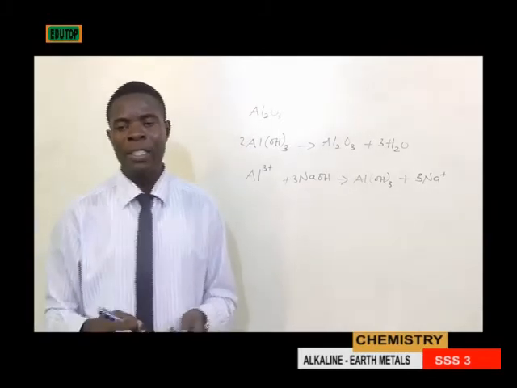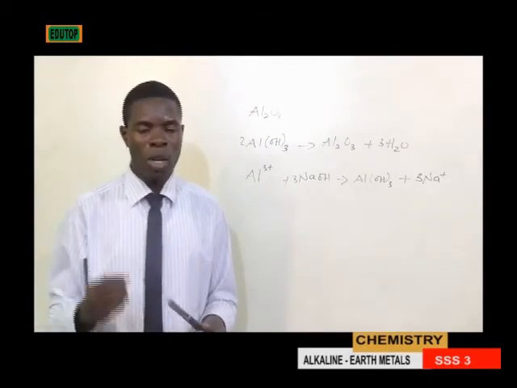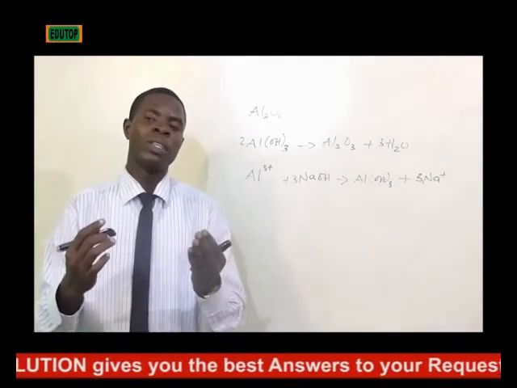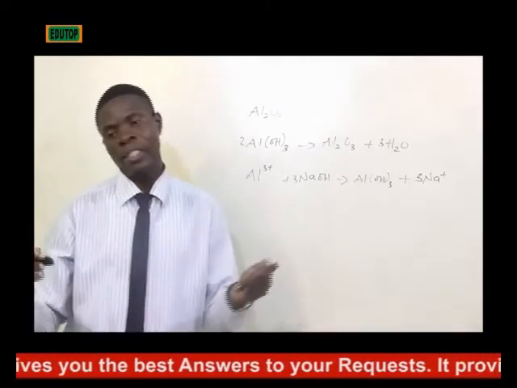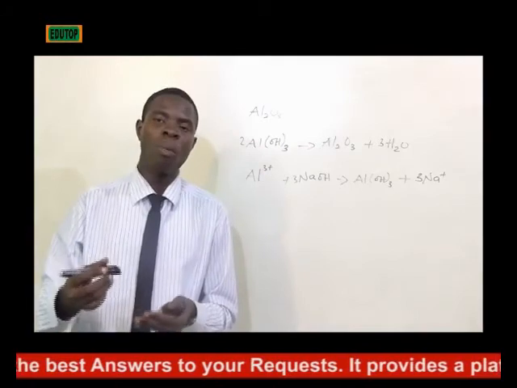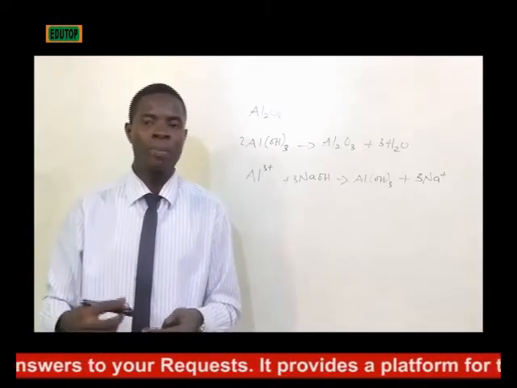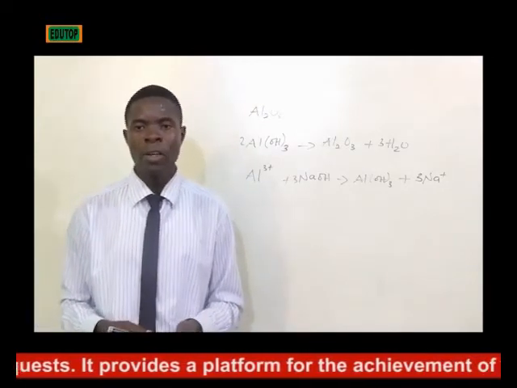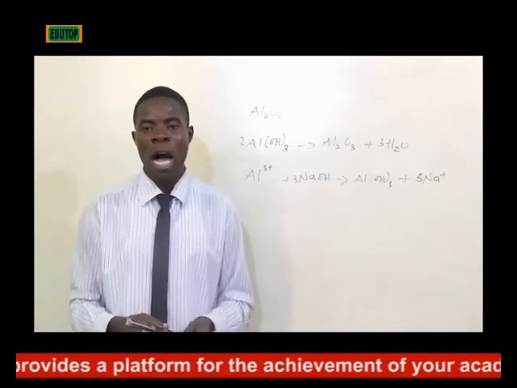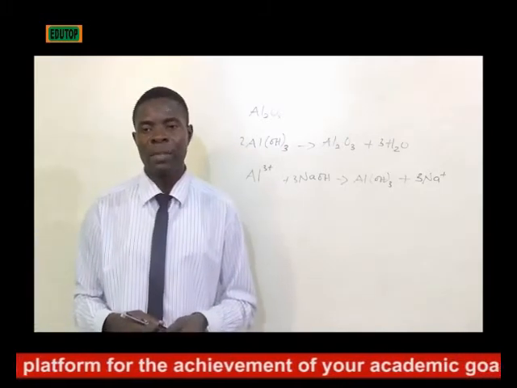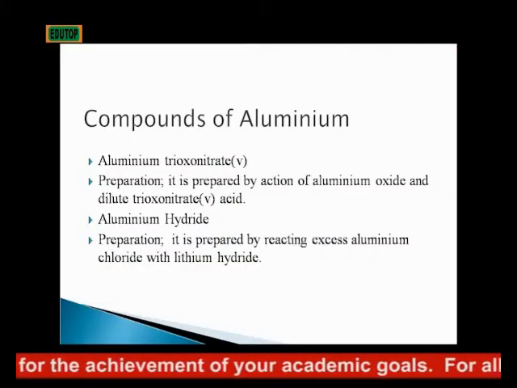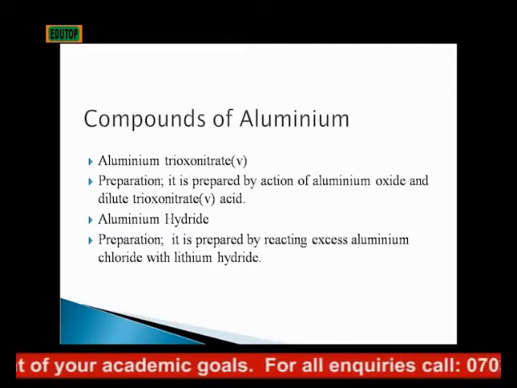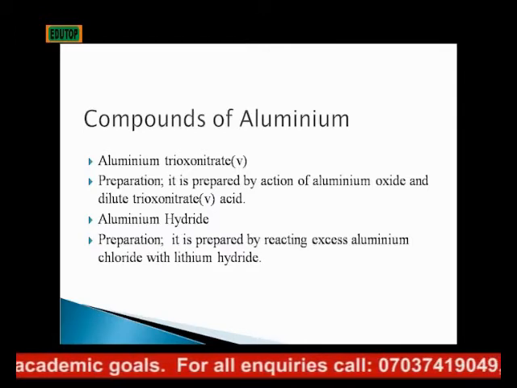A coagulant is simply a substance that has the tendency to clump particles of dirt together to form a compound which becomes insoluble and can be removed by the process known as filtration. Compounds of aluminium: you have aluminium trioxonitrate 5. That is another compound of aluminium, but the chemistry of aluminium trioxonitrate 5 is not vast.